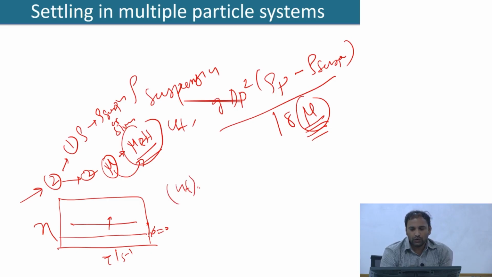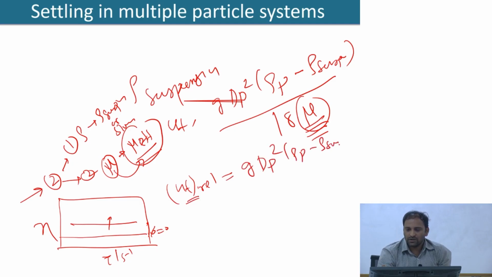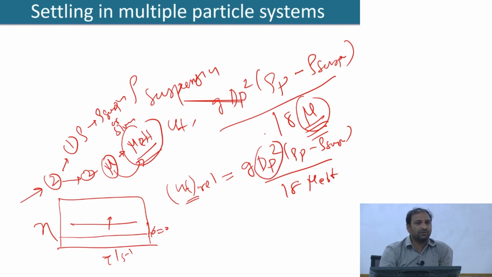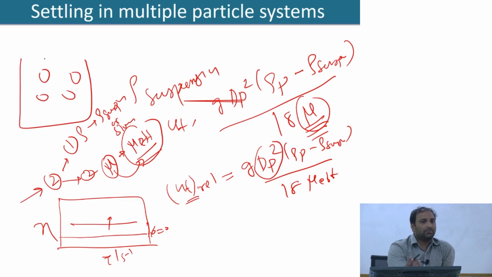So therefore, your ut, now we are going to call it ut relative. I'll come back in a minute as to why we call it ut relative. It is g dp square into rho p minus rho of suspension over 18 mu effective. I don't have to worry about particle sizes, because I'm assuming that you have a lot of particles, and your dp is exactly the same.